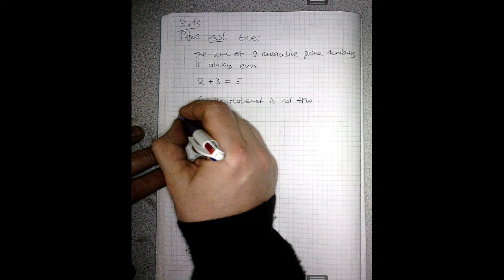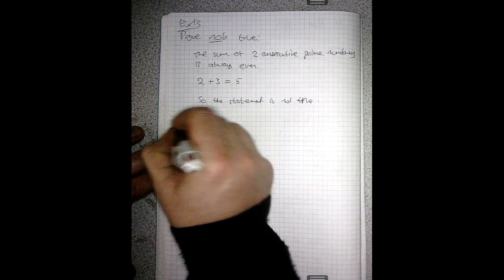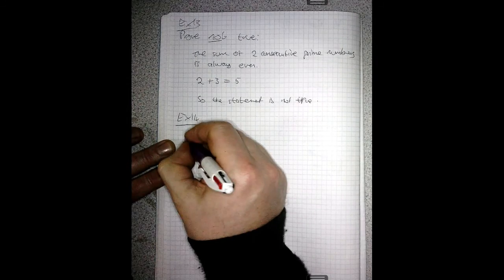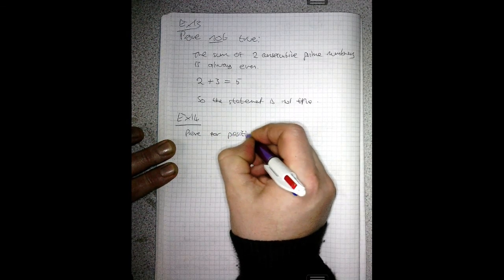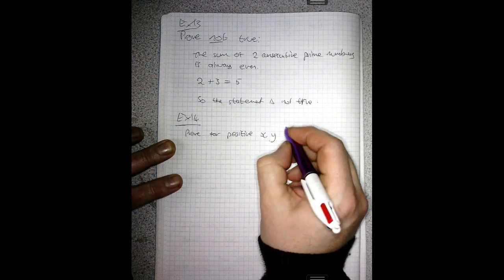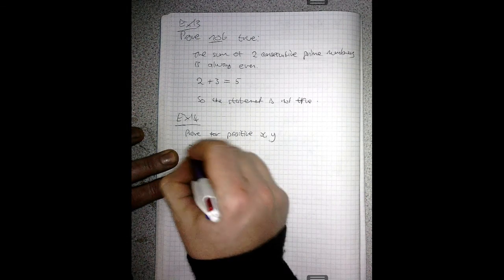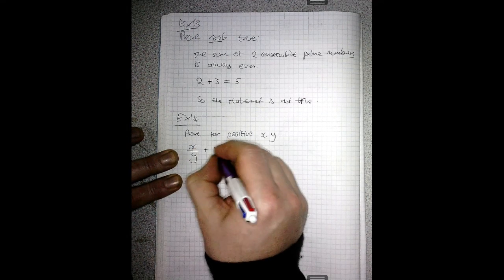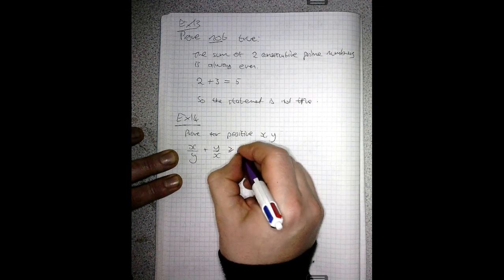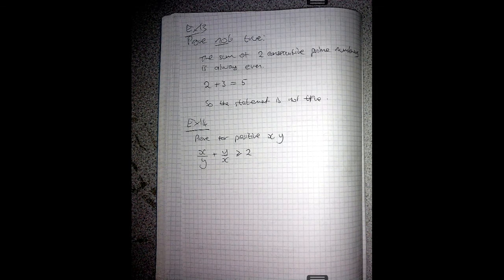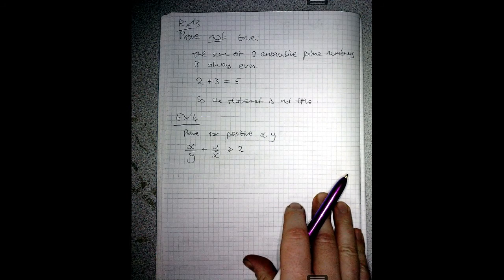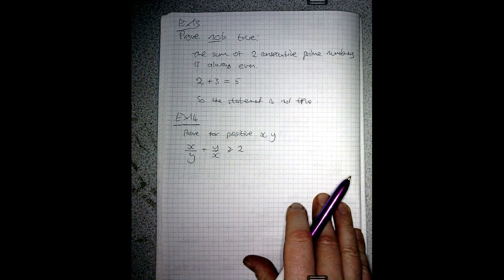Okay, example 14 is an interesting one. Prove for positive x and y that this is true. Okay, now the way to prove this is through an algebraic method, through showing logical steps that can't be argued with and get a conclusion that can't be argued with.